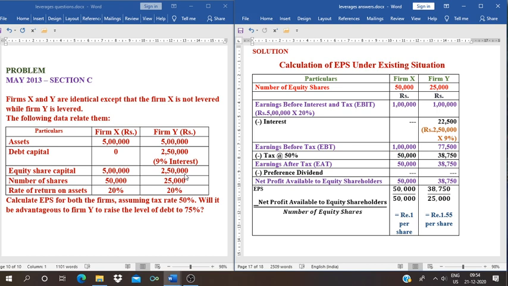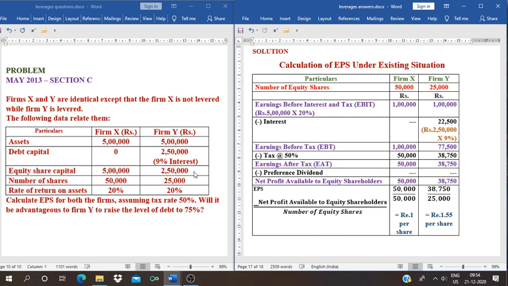We first have to calculate the EPS for the existing situation. Second, we have to calculate the EPS again when debt capital is increased to 75%. Here only 50% is there. So we calculate EPS when debentures are 75% and the remaining 25% is taken as equity share capital.